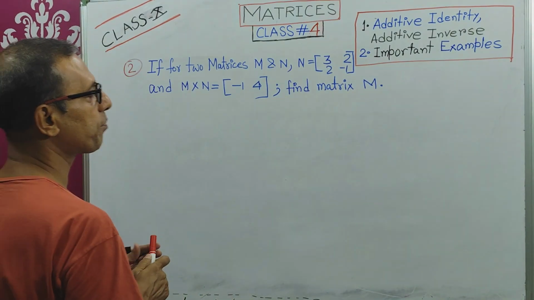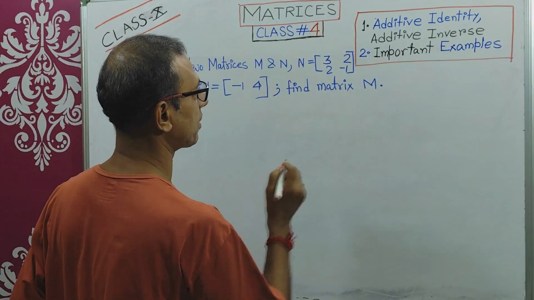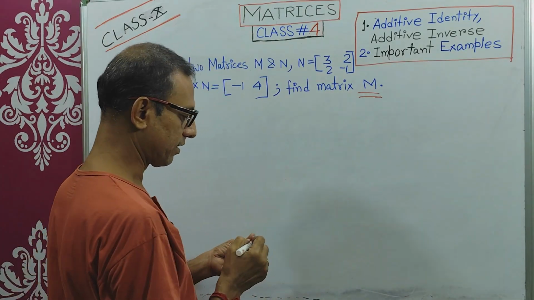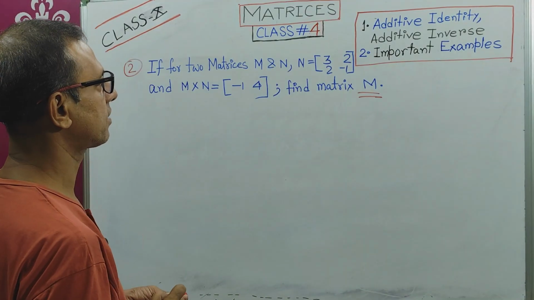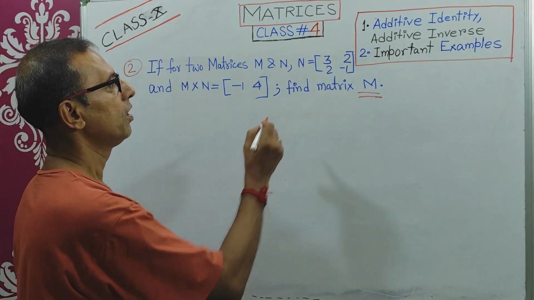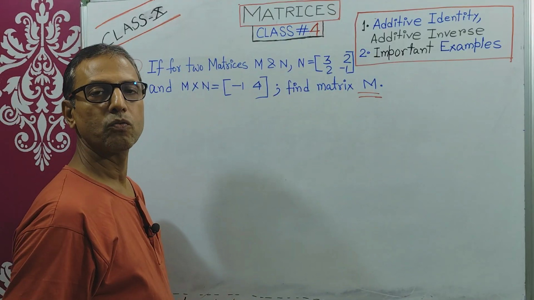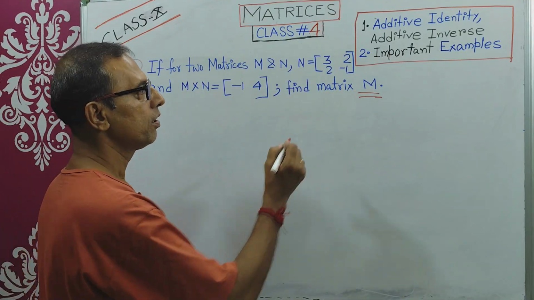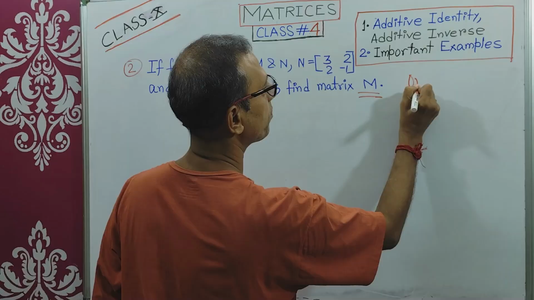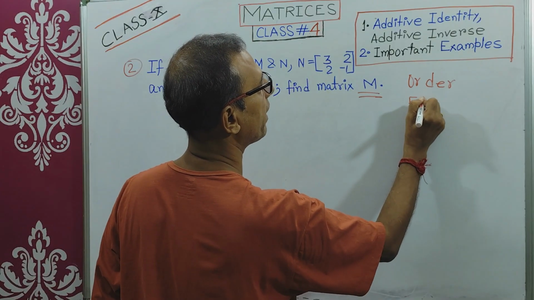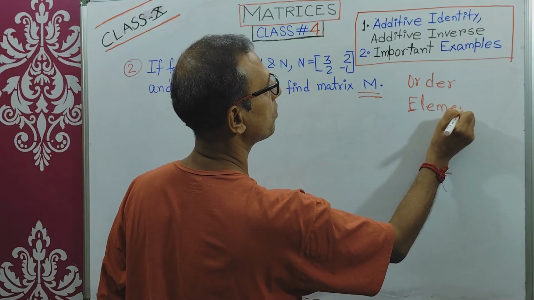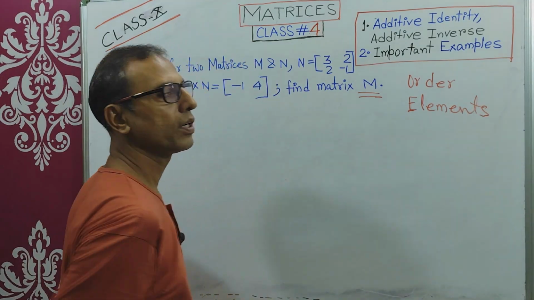There is a high probability of having this kind of example in your exam, right? So just break down this problem statement. If you need to find a matrix, what are the things you need to know? You need to know the order of the matrix, and you need to know the elements of the matrix.